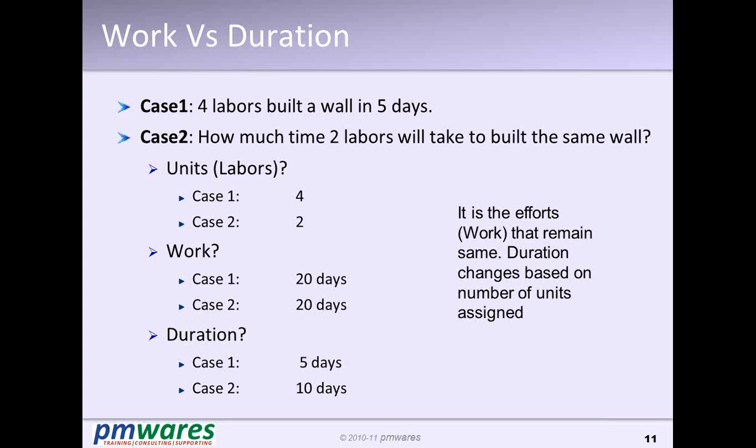Put 3 people, maybe around 7 days. Put 4 people, 5 days. Put 5 people, it will take 4 days. Something like that. It doesn't happen exactly that way on the ground, but the calculation is like that. What is not changing is the effort. That is the 20 days of efforts required to build the wall.